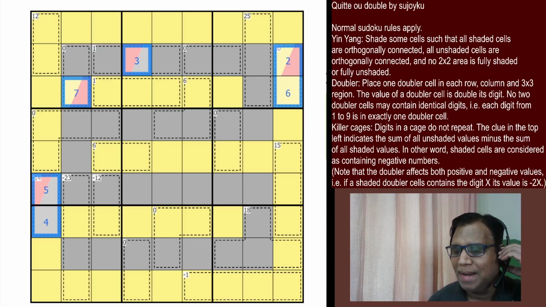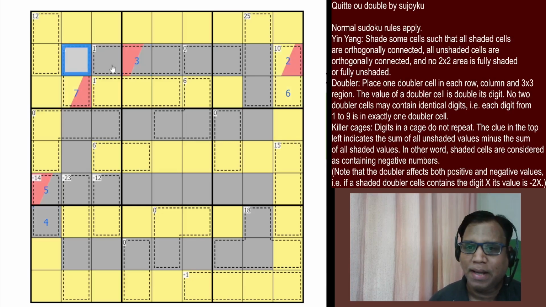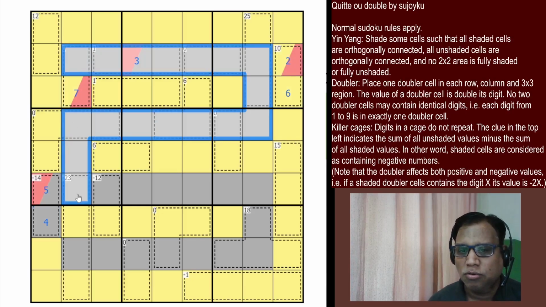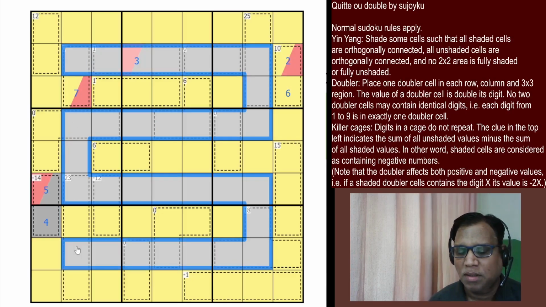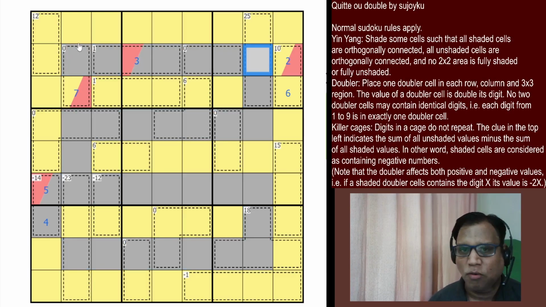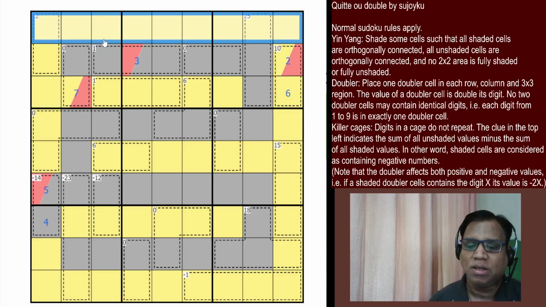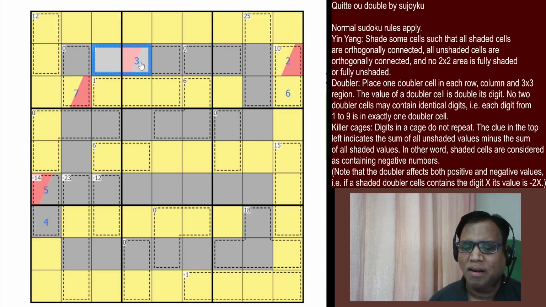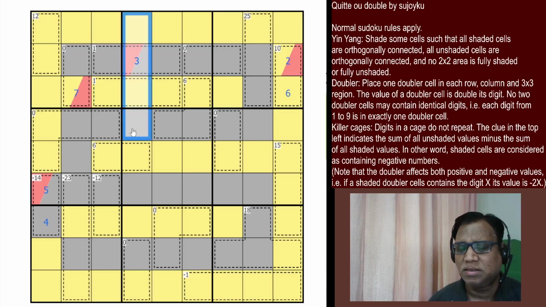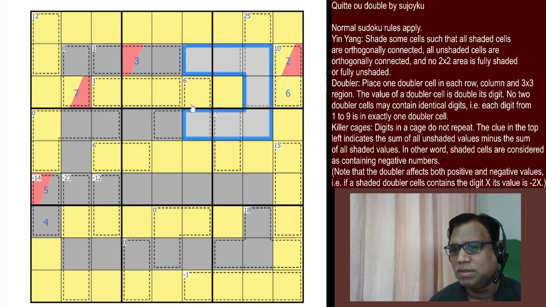Anyway, you see this kind of thing in any Yin Yang puzzle. There is something that distinguishes where the shading goes and where the unshaded areas go. Sometimes there are circles and squares, where the circle says the number of cells it sees of the same type in the surrounding 3 by 3 area.